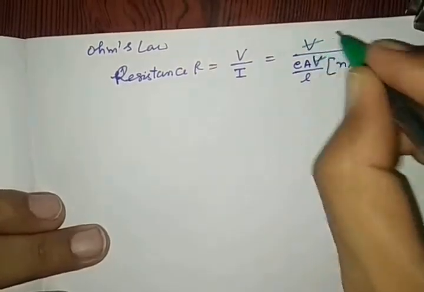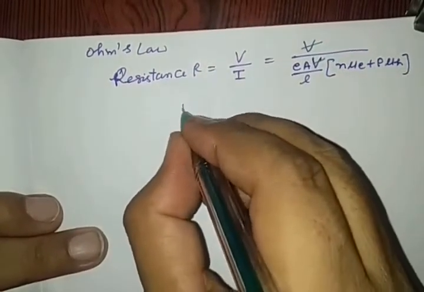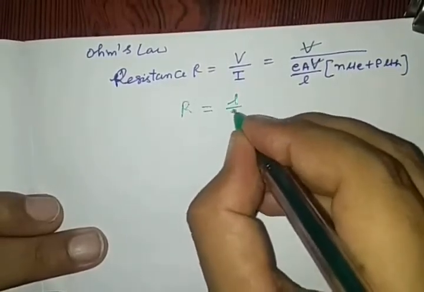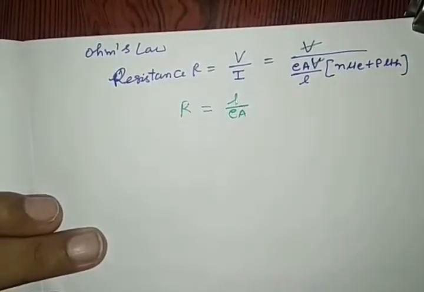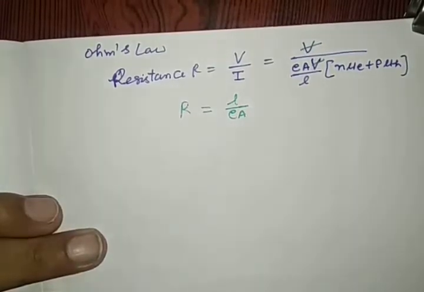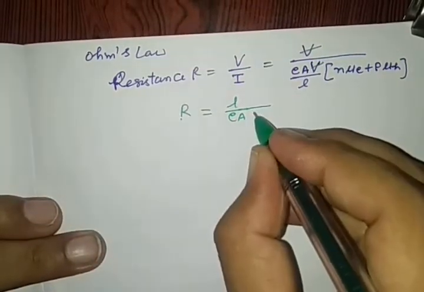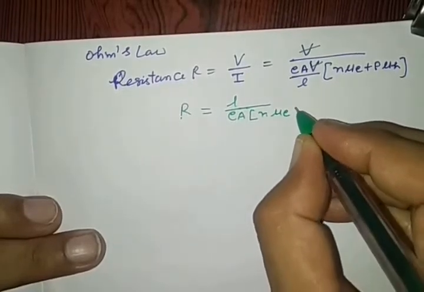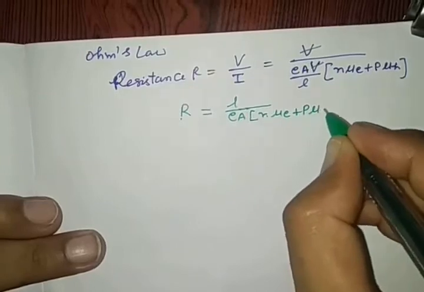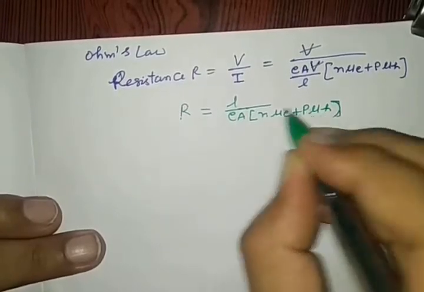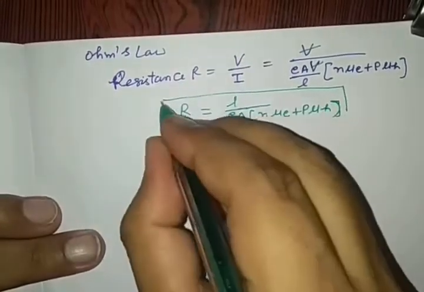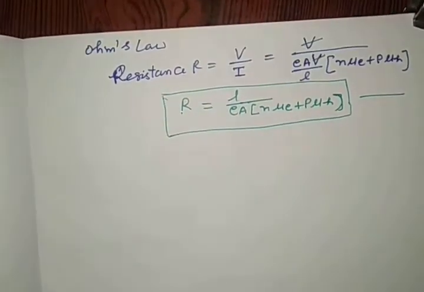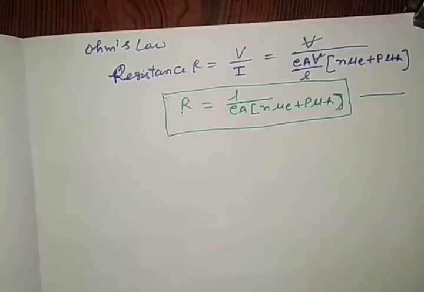V is cancelled by V. So electrical resistance R can be written as L by eA times (n mu e plus p mu h). This is one of the equations, a new equation, equation number 8.